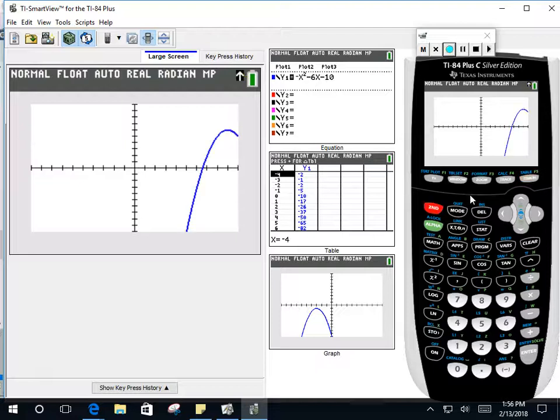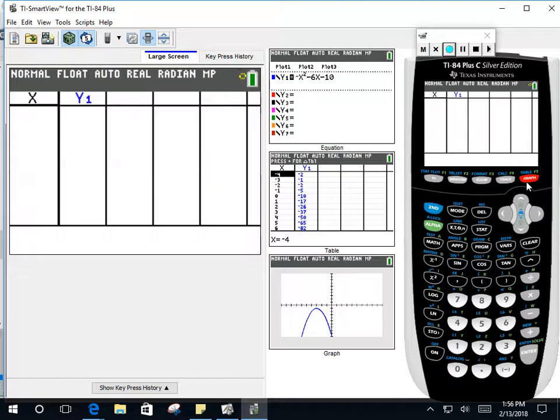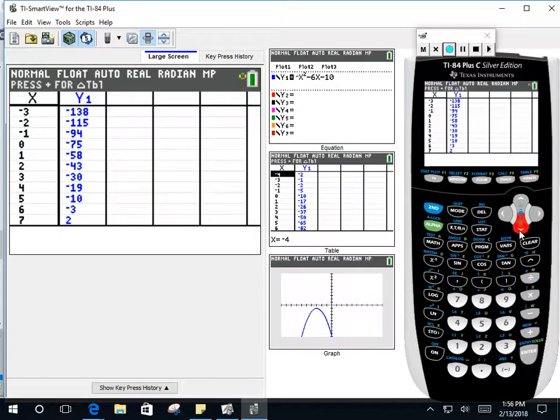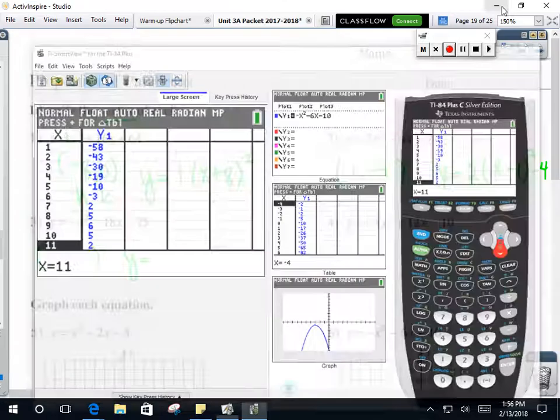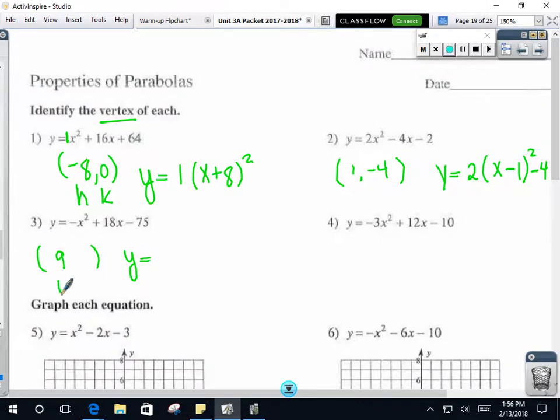Okay, I'm going to go to my table and confirm that there is a point 9, 6 on this graph. Well, I'm just showing y'all exactly what you should be doing when you work these or take these tests. Okay, there is right there 9, 6. So 9 is the h value, 6 is the k value. What is the a value? -1. And so parentheses, x minus the h of 9 squared plus the k of 6.